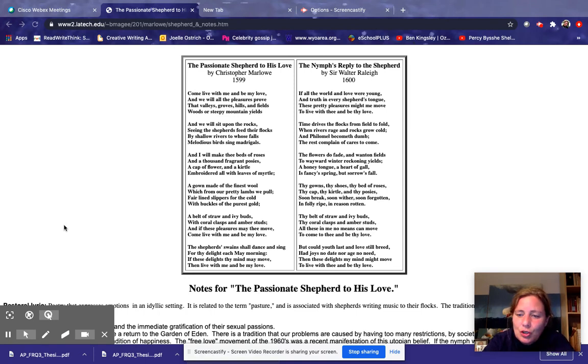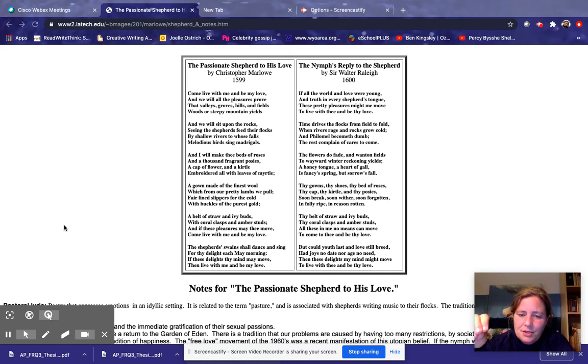So a turn is when there is a shift in either imagery, tone, or metaphor. And it's usually, especially in poems of this time, set off by a but or a yet. So if you ever see the word but in a poem from the 1600s to the 1800s, you're like, oh, the poet is shifting from one philosophical idea to the next. You're going to see that with John Donne, which we do in about four weeks.